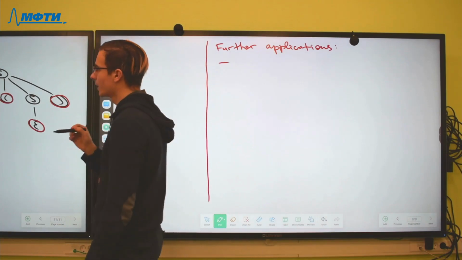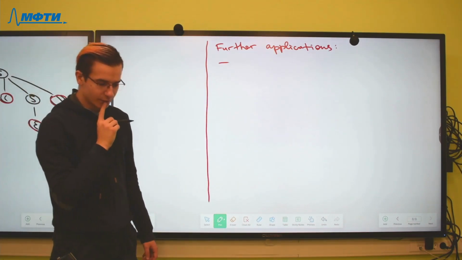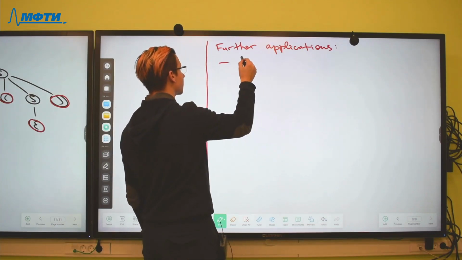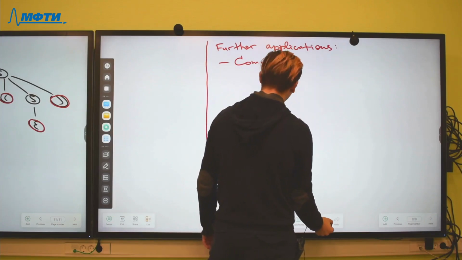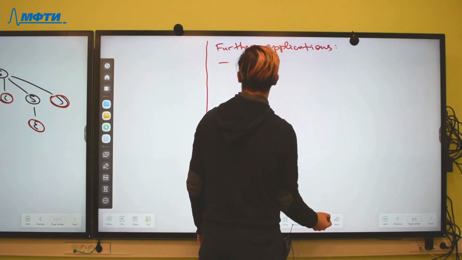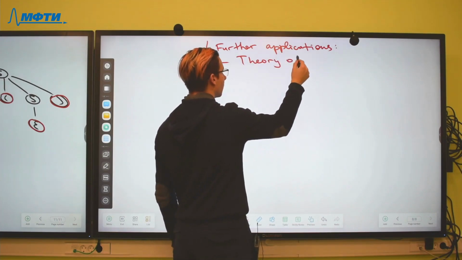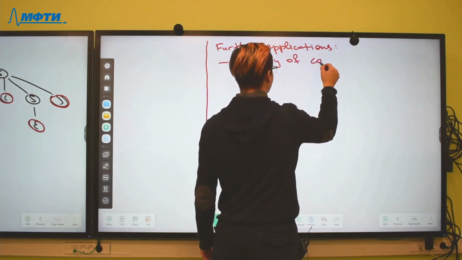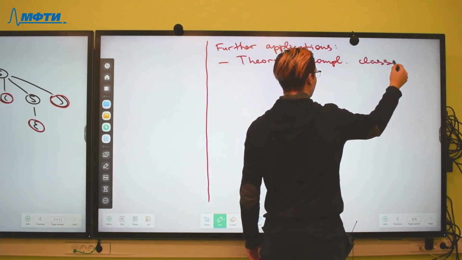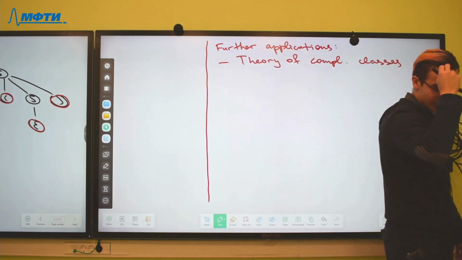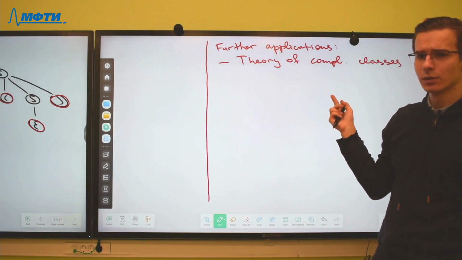Further applications of it. Where you can find automata. For example, of course, you can find it in the theory of complexity classes. As I understand, you know what it is? P classes and NP classes.